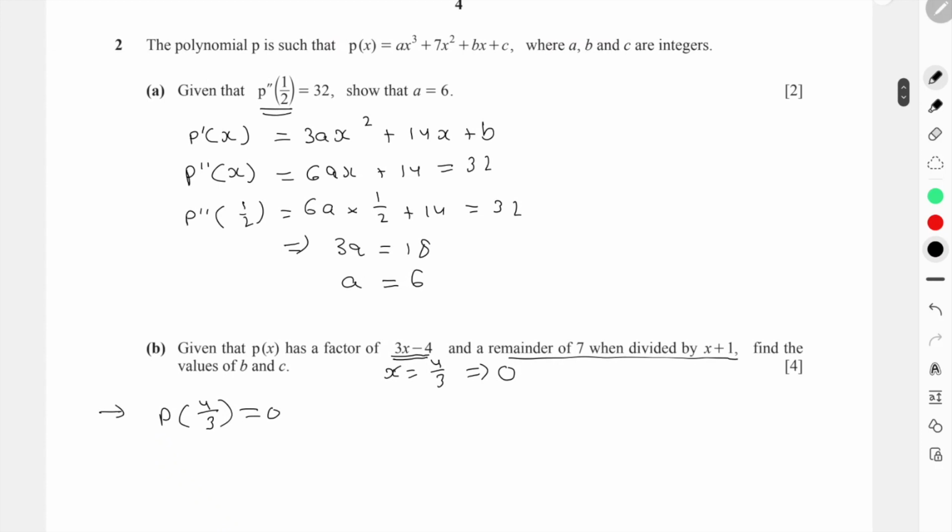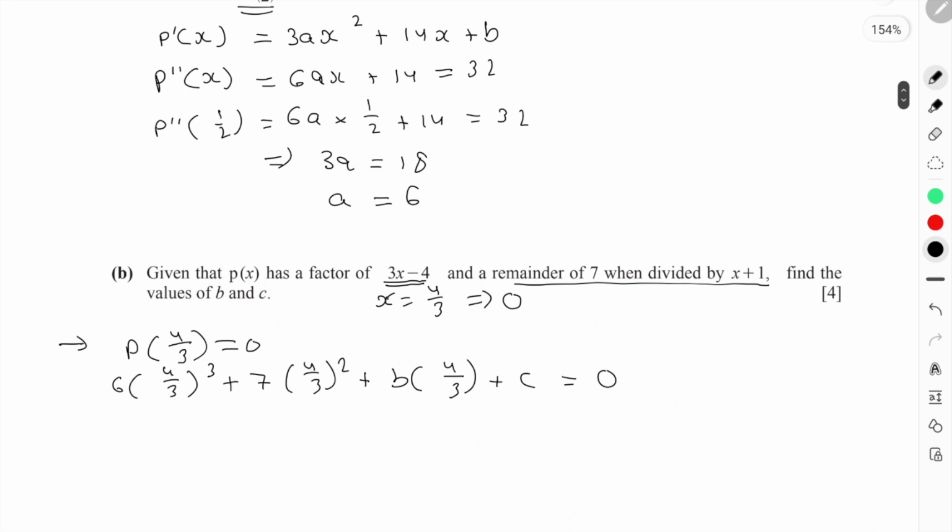And then we know what a is, right? So you can just sub that in. So let's write a into 4 divided by 3 whole cubed plus 7 into 4 divided by 3 whole squared plus b into 4 by 3 plus c equals 0. Let's try to simplify this.